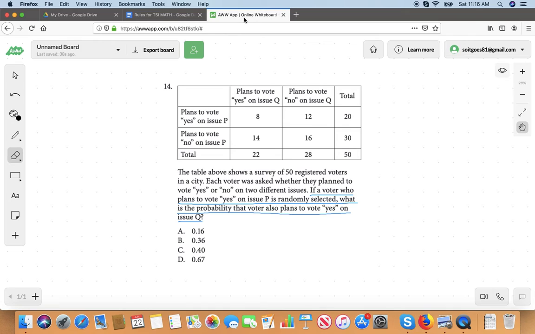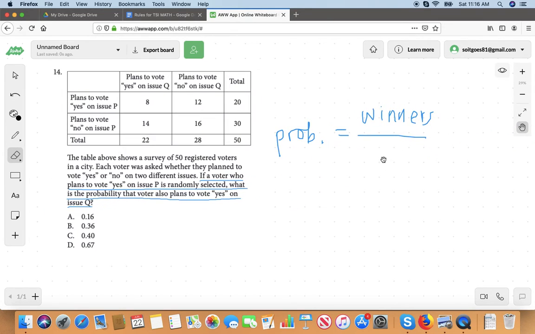Okay, probability equals winners, or the winning outcome you're looking for, same thing, divided by the total number of possible outcomes.